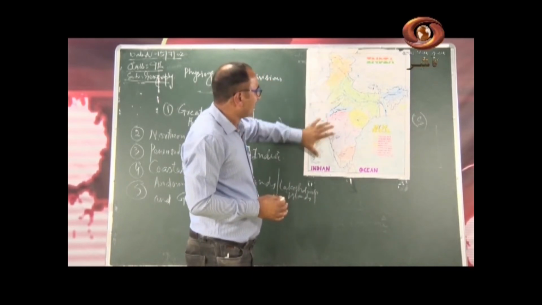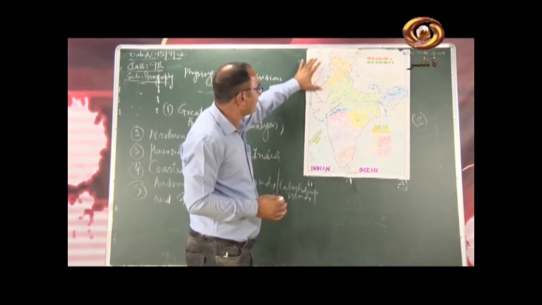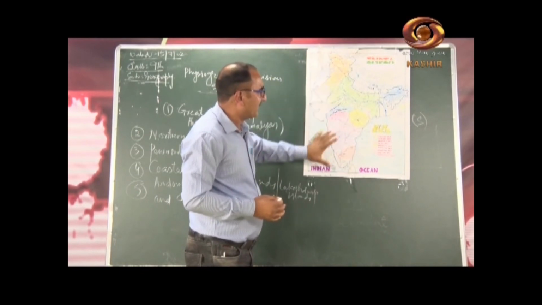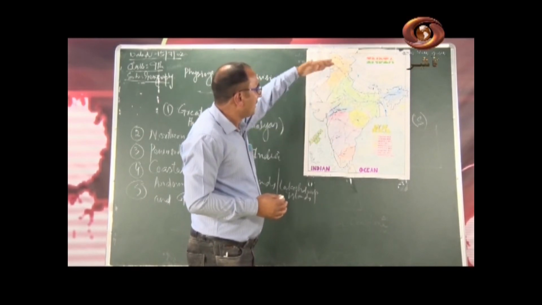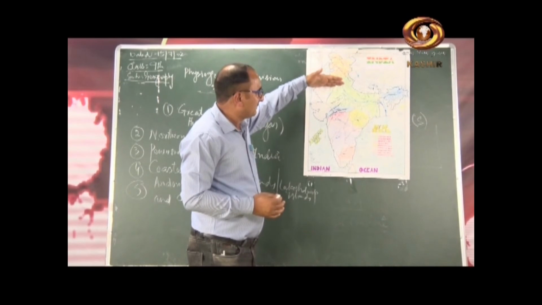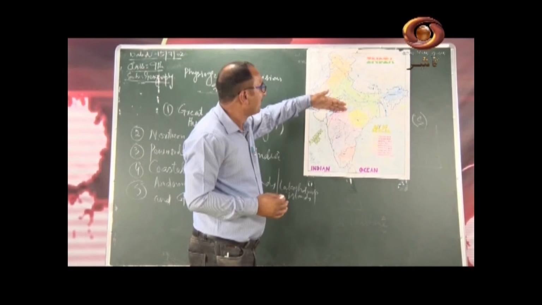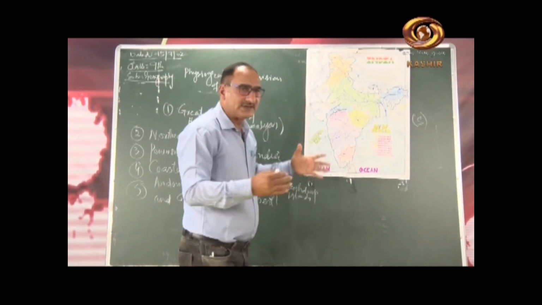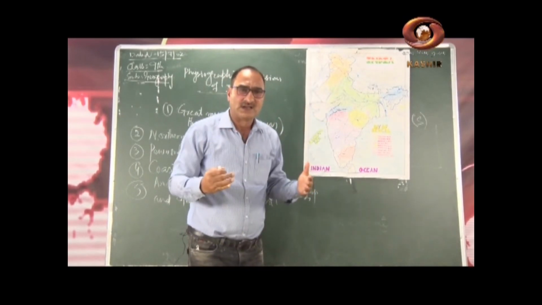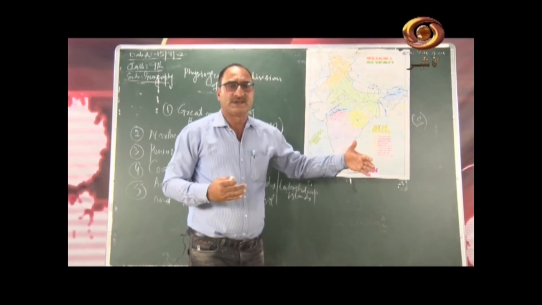My dear students, I have brought a chart for you, the map of India. I have divided here this map chart into 5 physiographic divisions. First of all, I will tell you that India lies in the northern hemisphere.